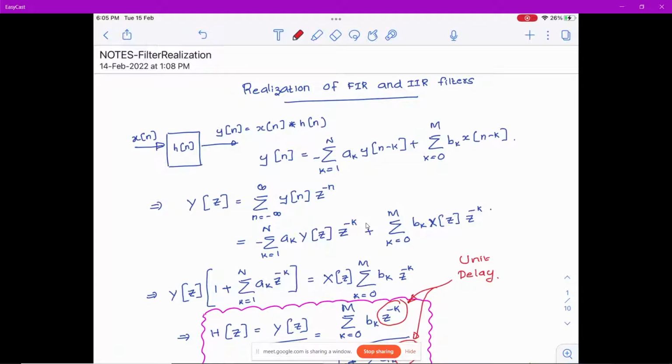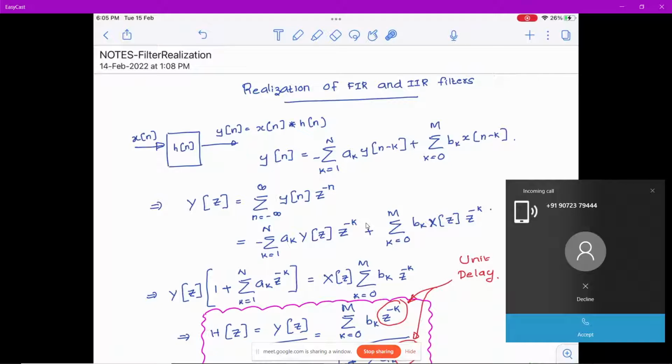Okay, so as you all know, you have a digital system which has an impulse response h of n. It has an input x of n, which gives an output y of n, which is equal to the linear convolution of x of n and h of n.